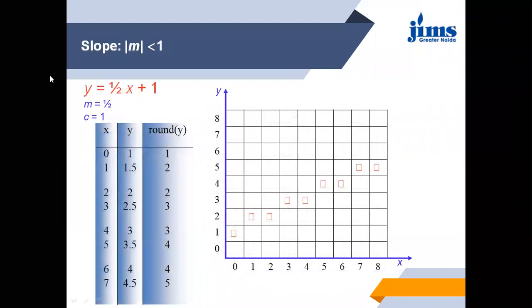Now we will discuss when the slope is less than 1. I told you that if the slope is equal to 1, then this will be our line.